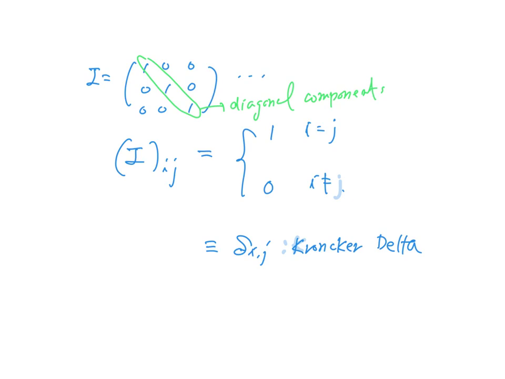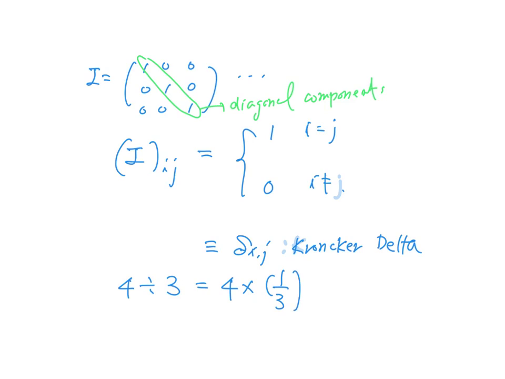So this particular property of the identity gives a clue to defining matrix division. In numbers, 4 divided by 3 is actually the same as 4 times 1 over 3, right?